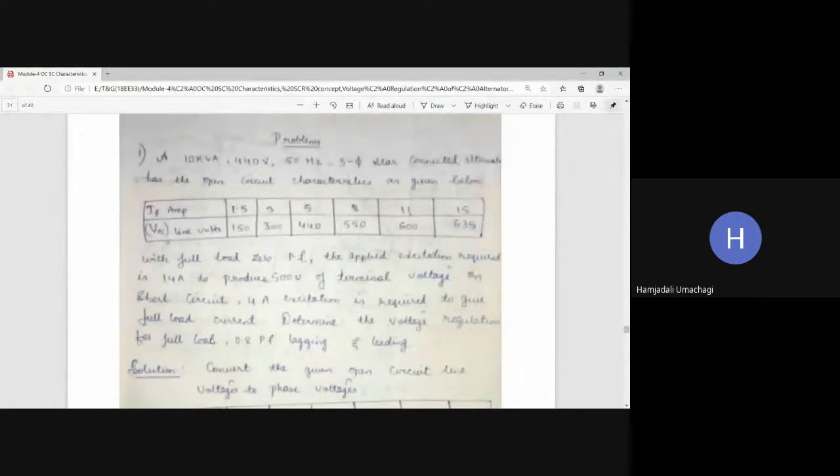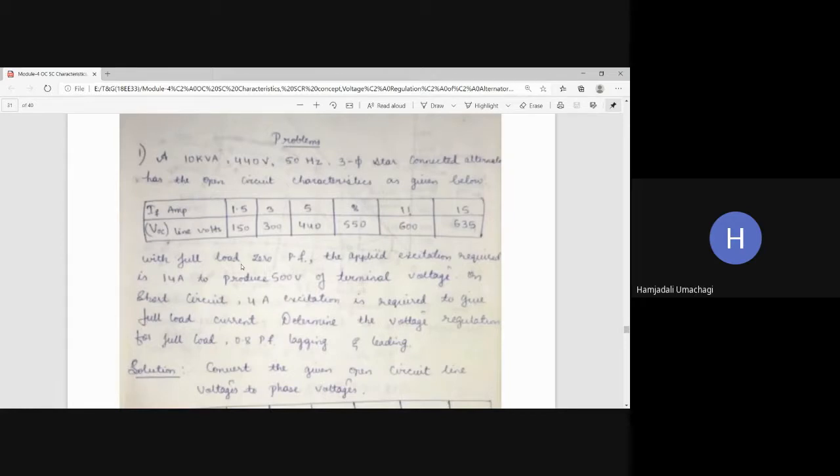Then with full load zero power factor, so this is all about the open circuit test. After the open circuit test they have given the information related to the zero power factor test, right? So the zero power factor test information is with full load zero power factor, meaning you have connected a purely inductive load here.